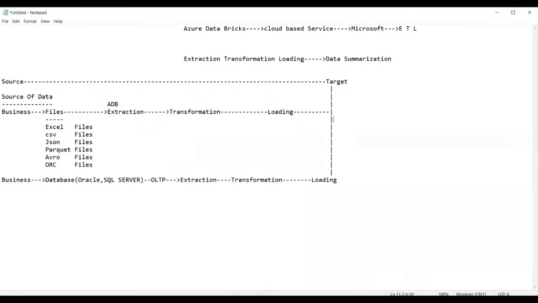Finally, the data reaches the destination. Target is nothing but, it is called as destination. Okay, now next one.